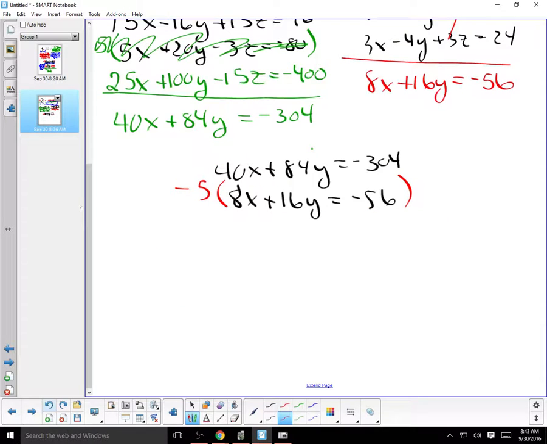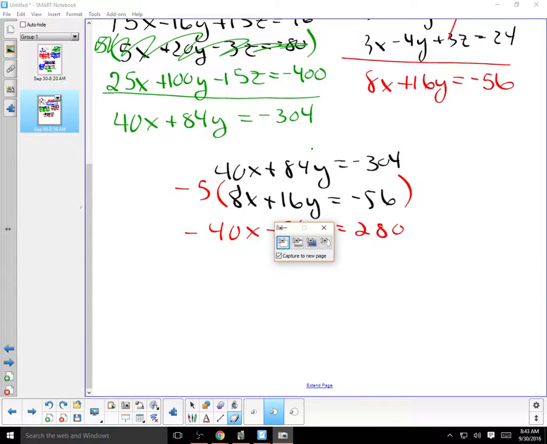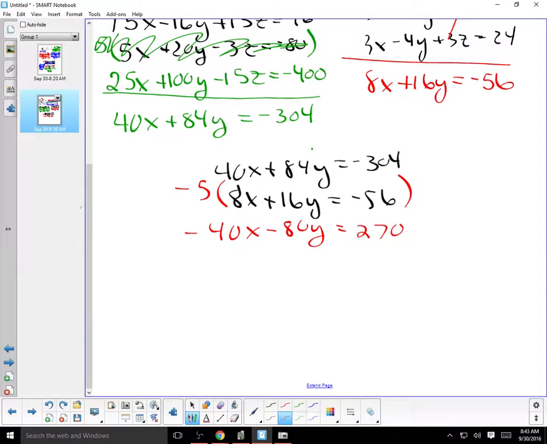That's going to give me negative 40x minus 80y is equal to, let's see here, that's 250 plus 30 is 280. 270. 270? How did I get 280?